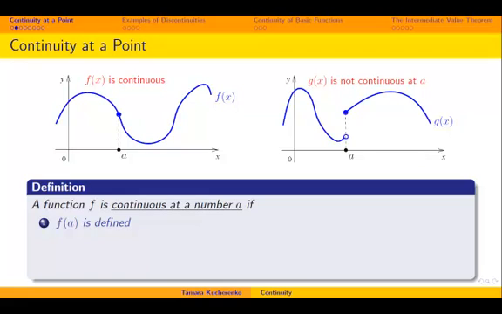First, f of a is defined, that is, a is in the domain of f. Second, the limit of f of x as x approaches a exists. And third, the limit is equal to the value of the function at a.